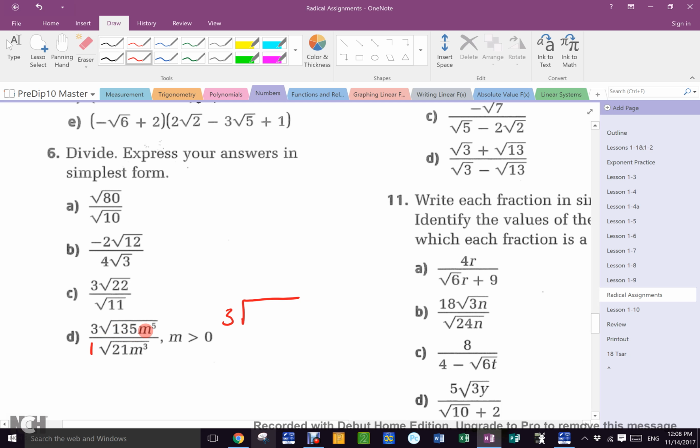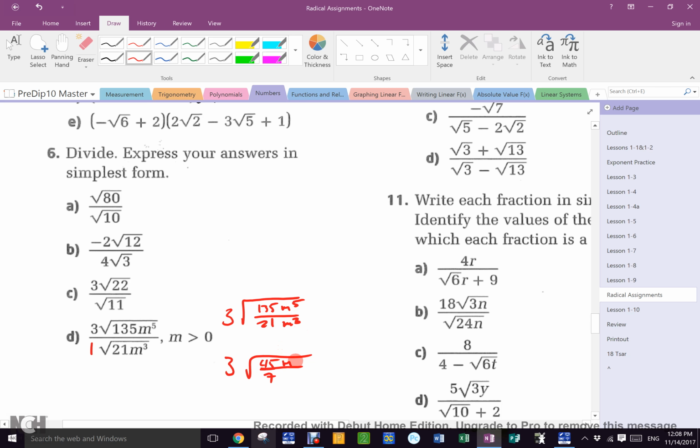So isn't that the square root of 135 m to the 5th over 21 m to the 3rd? And then could you not simplify that? 3 goes into it. 3 goes into that 45 times, and 3 goes into that 7, right? So that's 45 over 7.